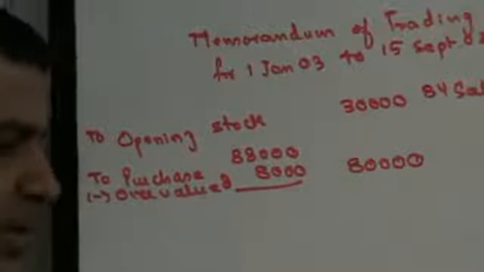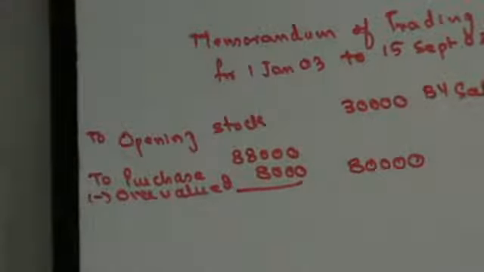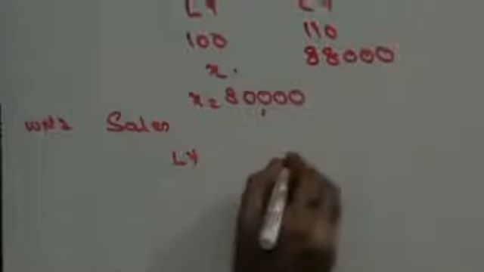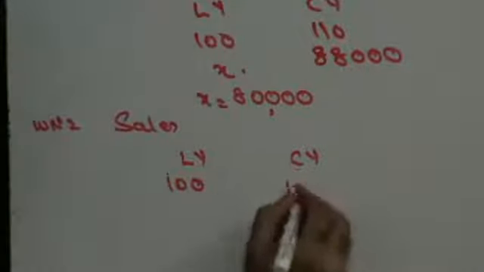Right? Similarly, they are saying that selling price has gone up by 5%. Working note 2. Sales. Last year, current year. Last year, if a product was sold at 100 rupees, they are saying that prices have gone up by 5%. That means in the current year, it will be sold for 105 rupees.